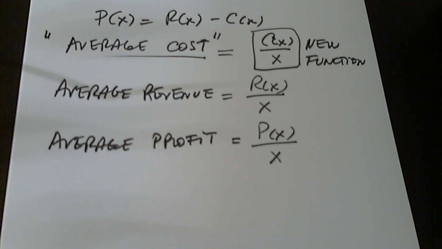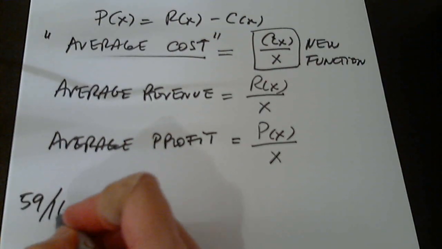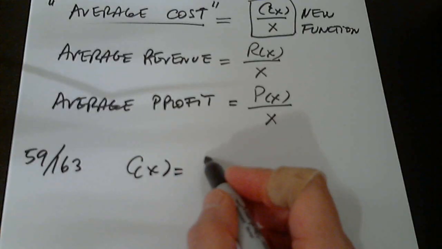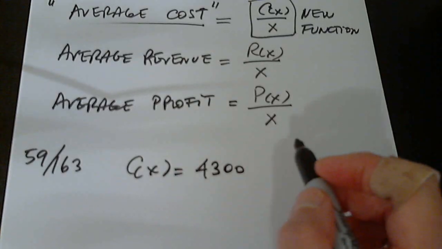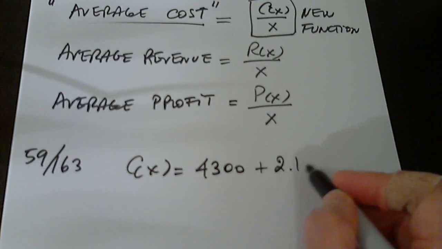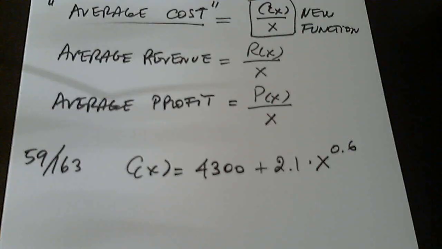Sparkle Pottery has determined that the cost in dollars of producing x vases is given by, so that's problem 59 on page 163, and we are given C of x, the cost function, 4,300 plus 2.1 times x to the power 0.6.